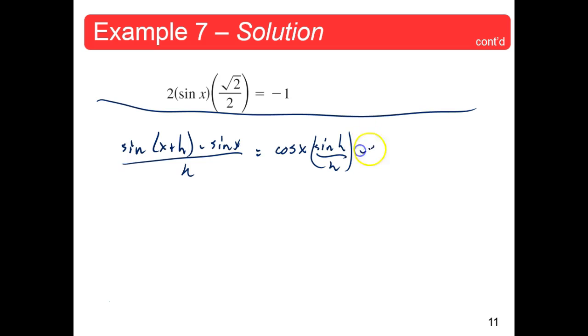Minus sine x times 1 minus cosine h over h. All right. That's why last night before I went to bed, I said, I've got to verify that. Okay, so how can we verify that?